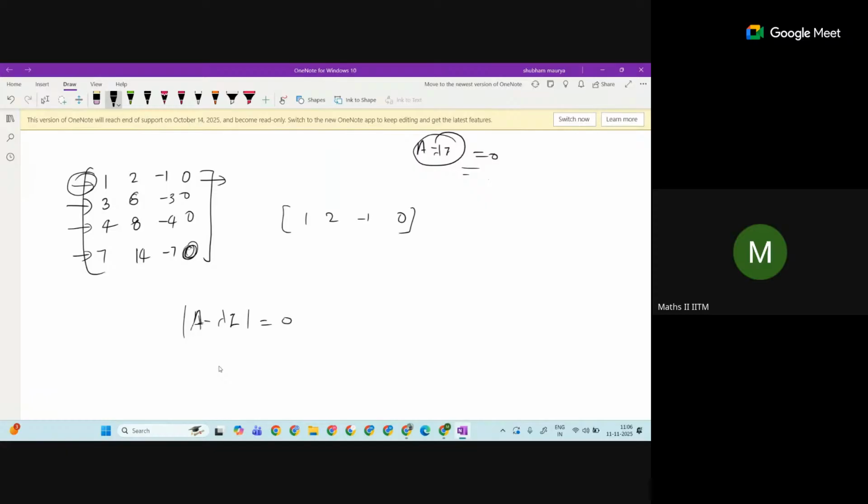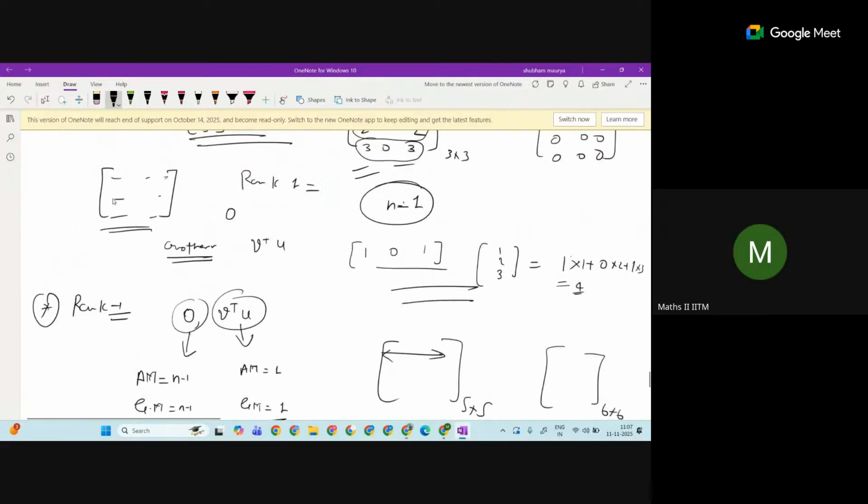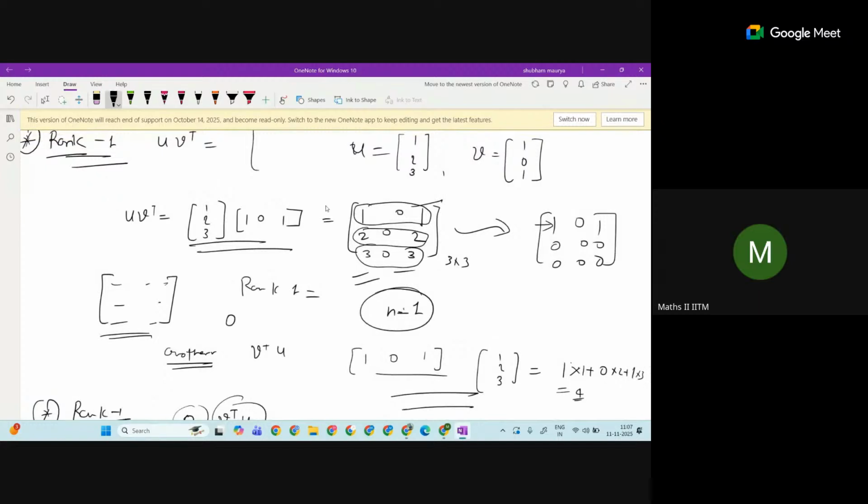What is V and what is U here? V is 1, 3, 4, 7. And U is what here? You can quickly guess what your V and your U are by looking at this. Here I made it so you can say this is my V. But there is a pattern you can follow.